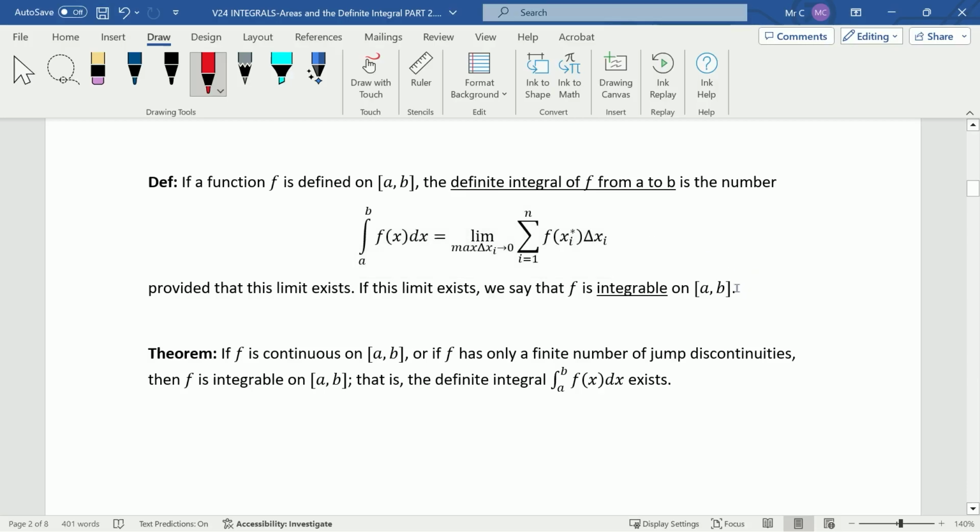That sounds like a lot, but keep in mind, what does the limit as the maximum delta x sub i goes to 0 mean? It just means the widths of the rectangles get small.